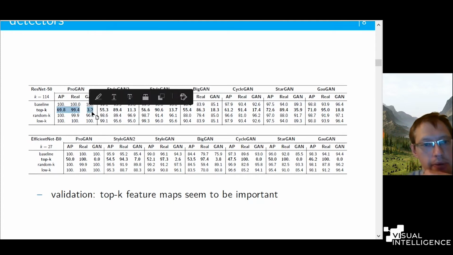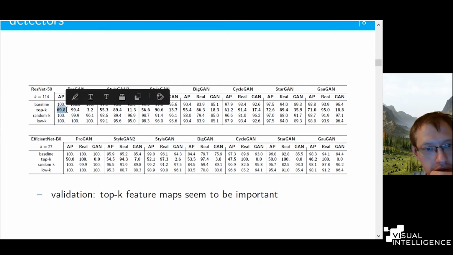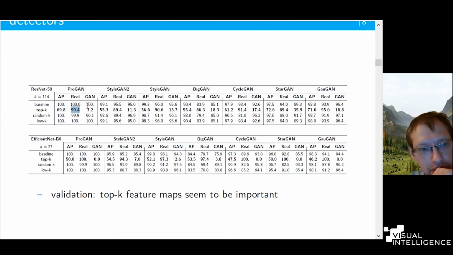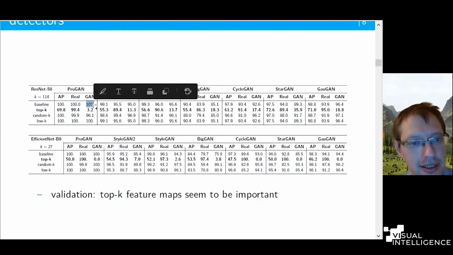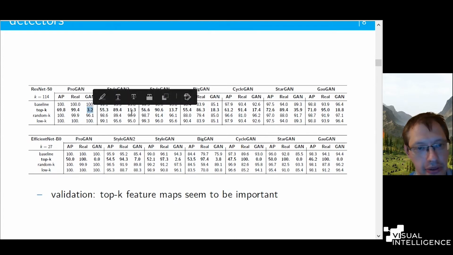On ProGAN, average precision goes from 100 down to 70. The performance on the real images still stays quite good, but when you remove those channels with the highest relevance, the GAN detection performance drops terribly, from 100 to, I don't know, 3 something.